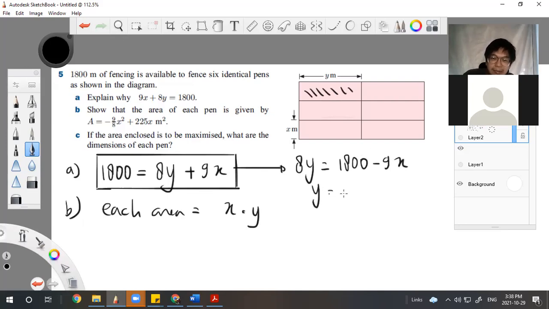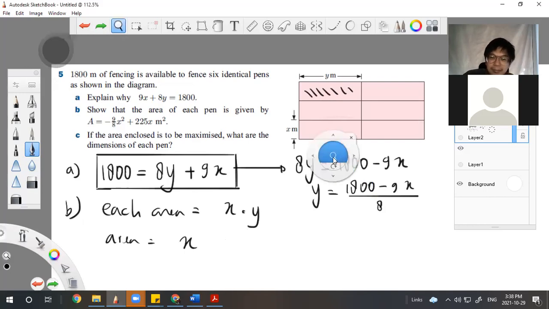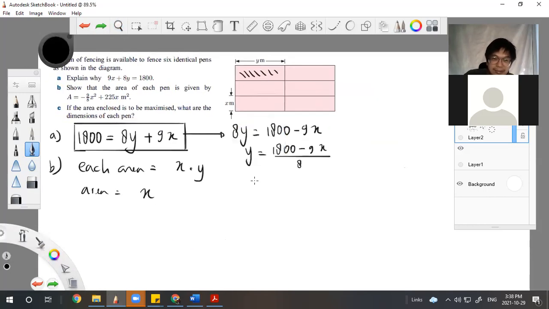And then y equals 1,800 minus 9x over 8. Now the area will be x times that, or I can simply factorize this first: 200 minus 9x over 8. And then x times y, right?